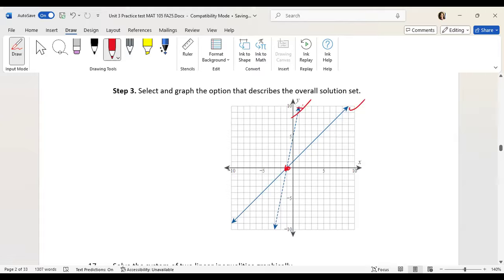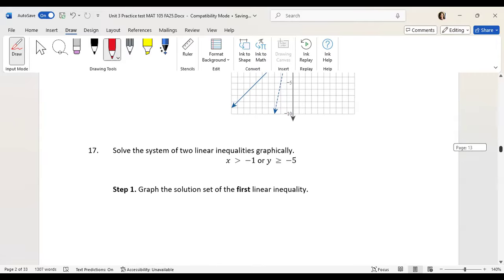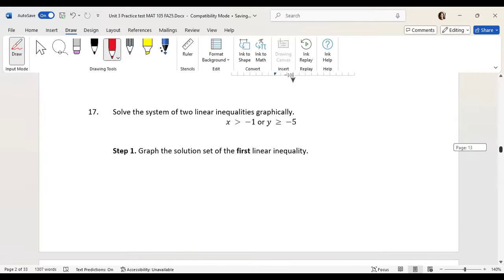You should be able to graph the inequality. Solve the system of two linear inequalities graphically. If you're told to solve it graphically, let's make a sketch. We have y is greater than or equal to negative 5.